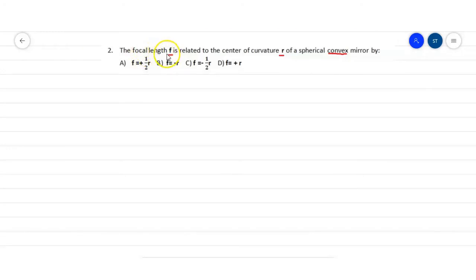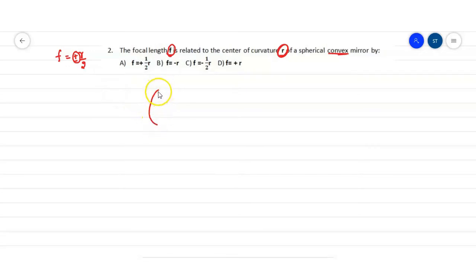The question given is: the focal length f is related to the radius of curvature r of a spherical convex mirror by. We know that focal length will be half of the radius of curvature. So this will be f is equal to r by 2 magnitude wise. Let us check about the sign, plus or minus.